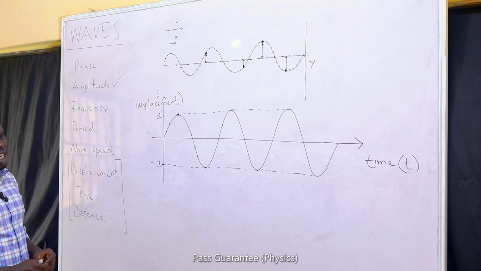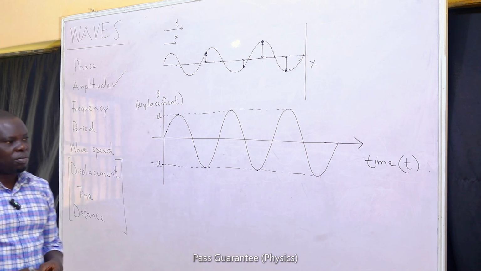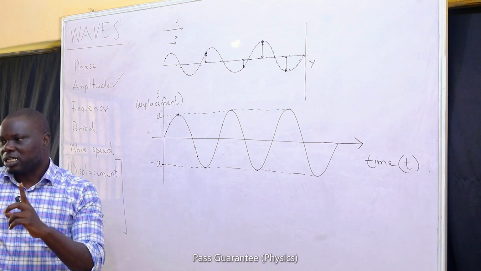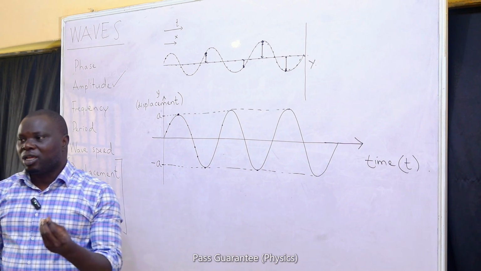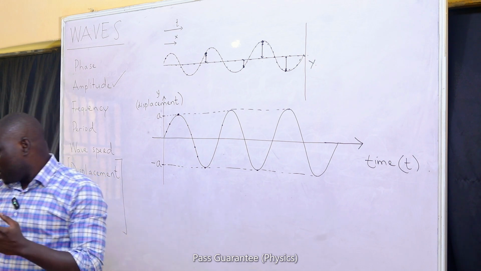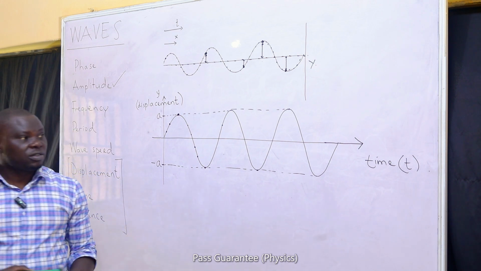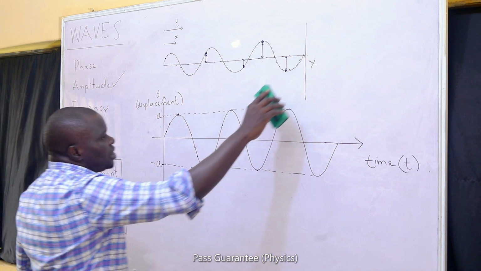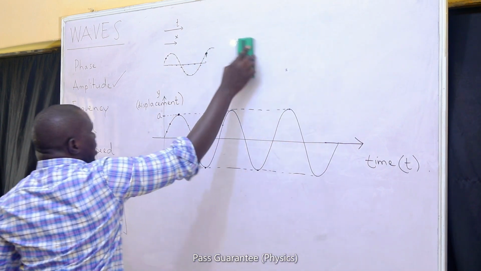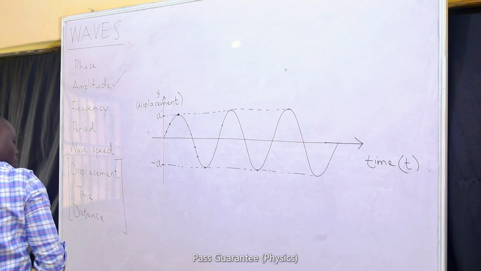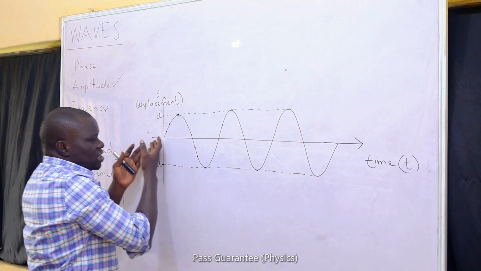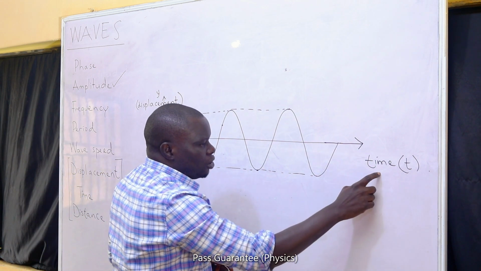Frequency is the number of cycles completed by the wave in 1 second. That means if I am to get frequency on the graph, this axis must be in time.